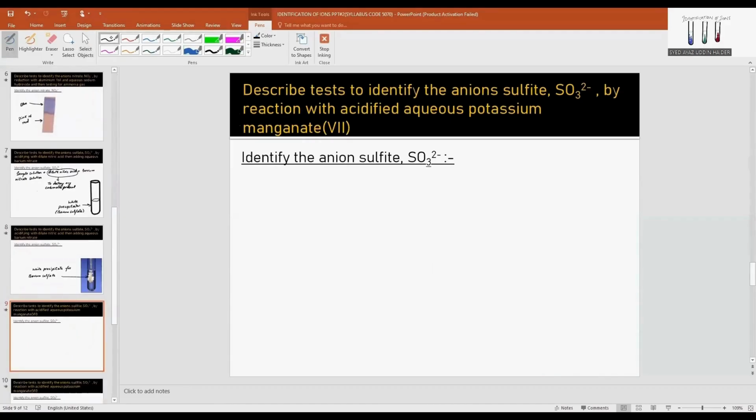For sulfite ion, warm the sample solution with dilute acid.